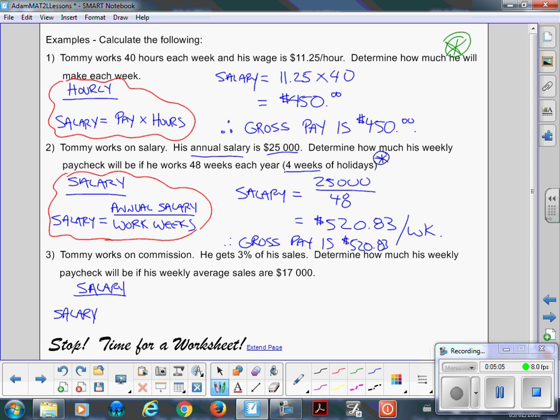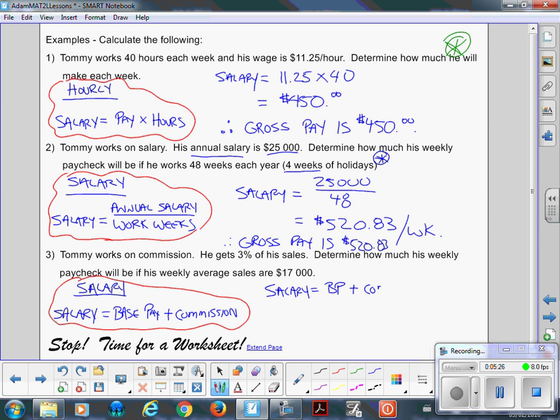But salary equals base pay plus commission. So you just look back at your notes, but you've already worked on that before and did a worksheet. So here, the salary is equal to base pay plus commission.